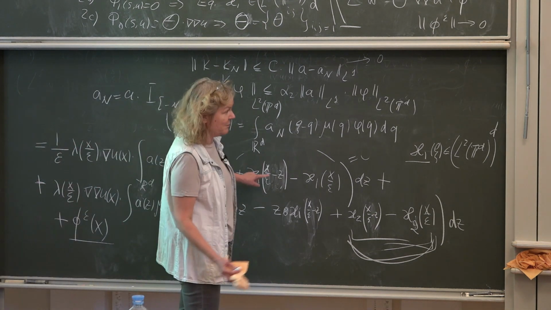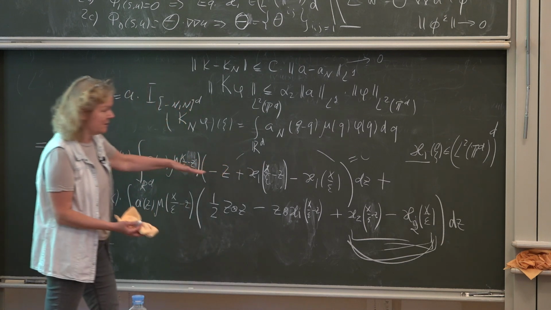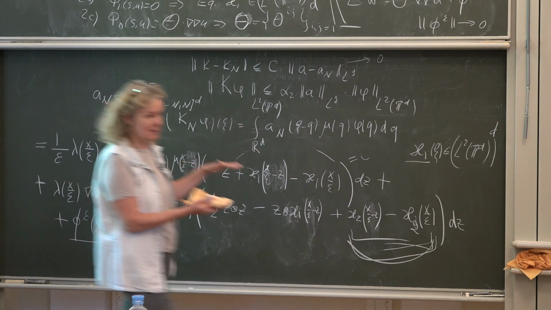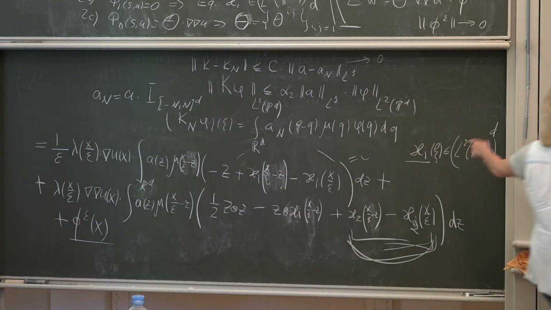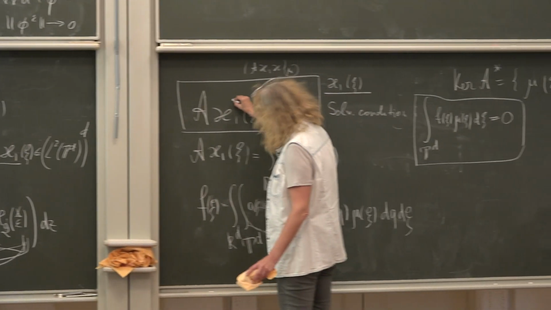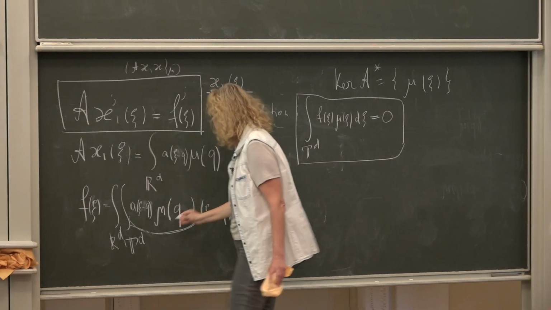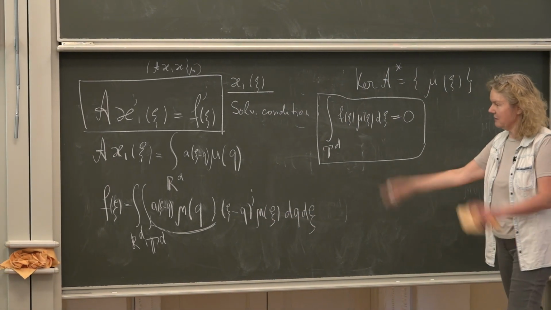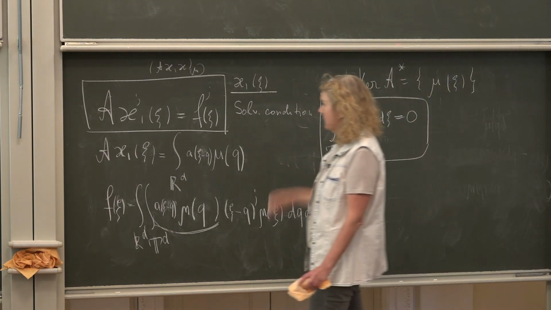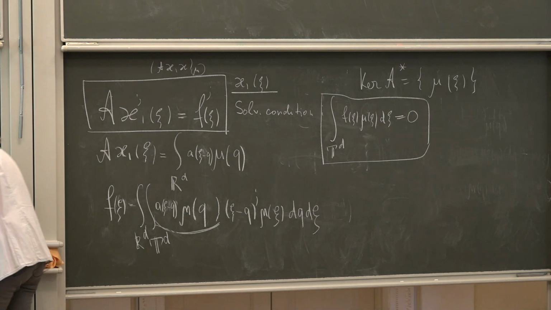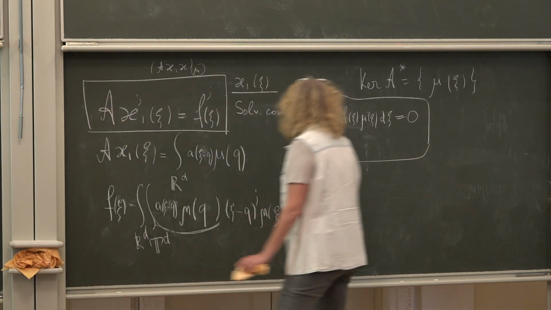But what is important is that each component of this vector has the same structure. They are not coupled. So we can consider for each component of this vector function the following equation. Of course, there should be j here, here, and here. Thank you very much, because I forgot about this. By the way, this function is a matrix function, so be careful.